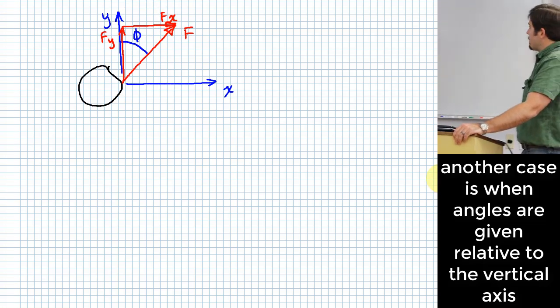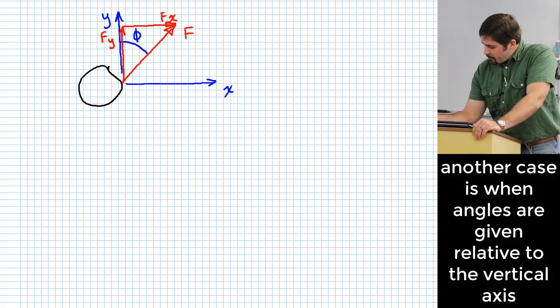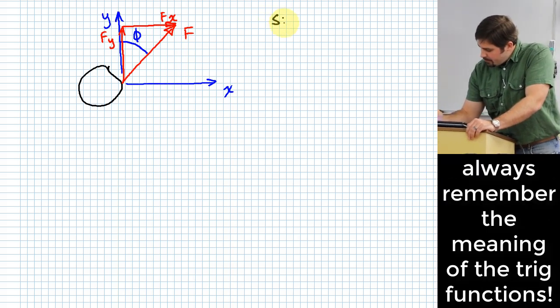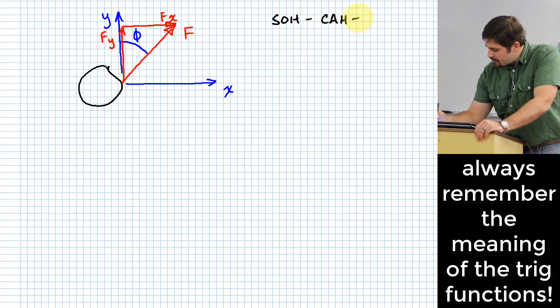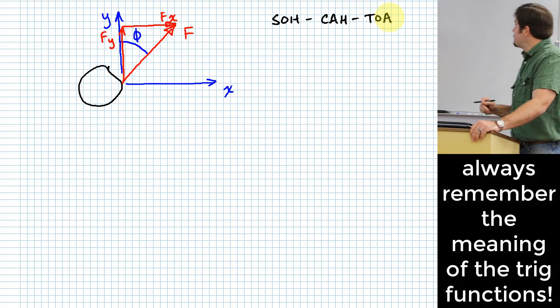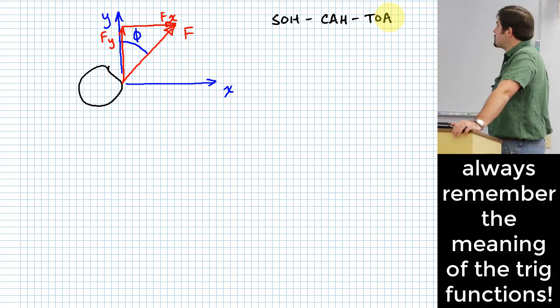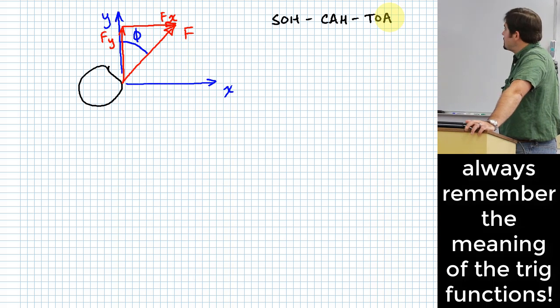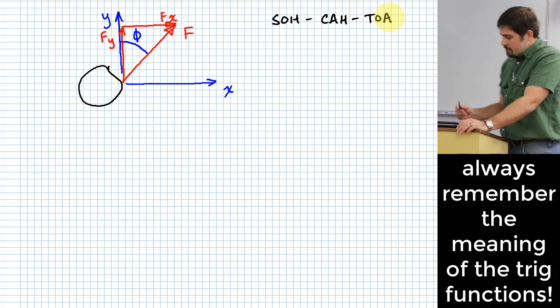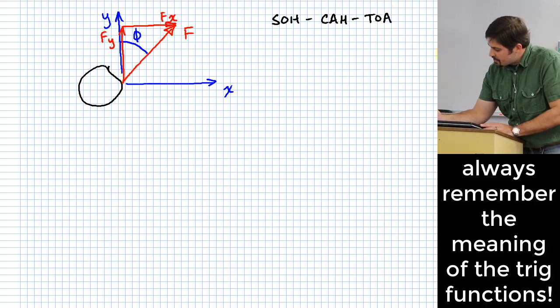Okay, the other thing I'll do is I will go back and remember the thing that we have to remember above all. What are the definitions of my trig functions? Sine is the opposite over the hypotenuse, cosine is the adjacent over the hypotenuse, and tangent is opposite over adjacent. Okay? So let's just start with sine.